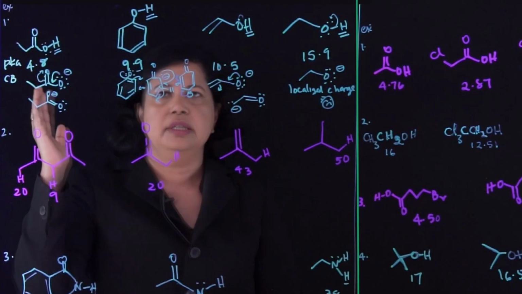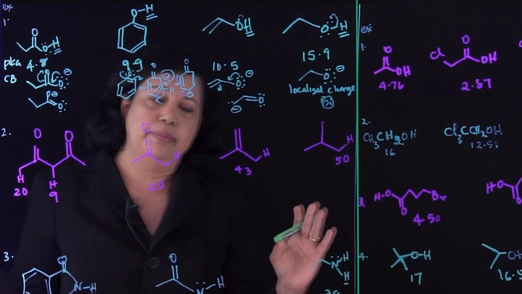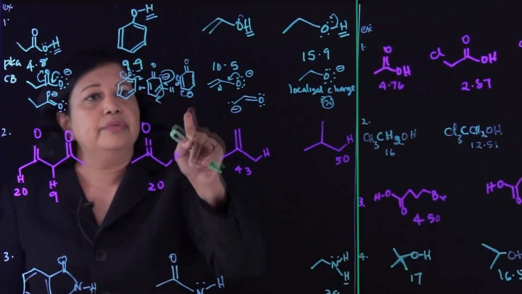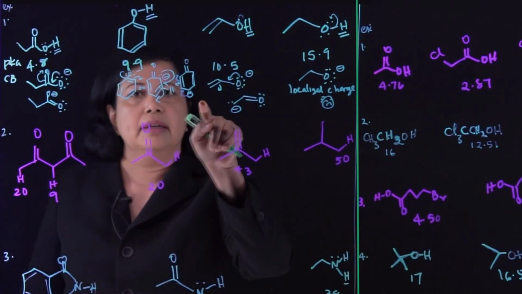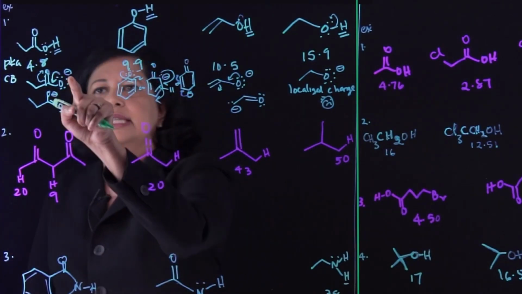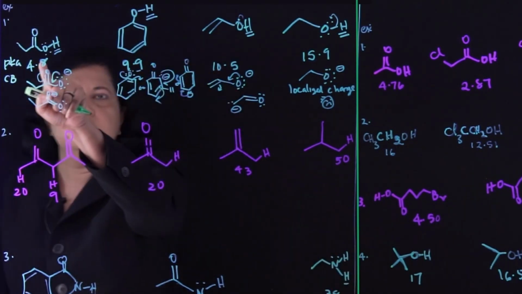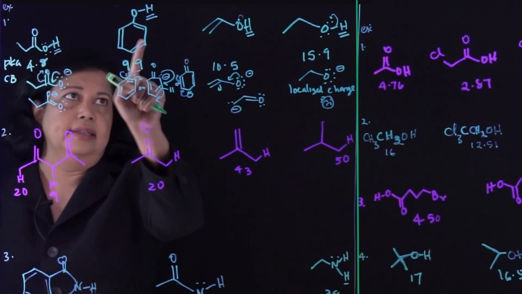Carbon's really not interested in an anion. It's pretty happy being neutral. It doesn't want an anion. So therefore, even though you have a lot of these, they are still not as good as having the anion just purely on oxygen. So that's why this is so much more acidic than this.